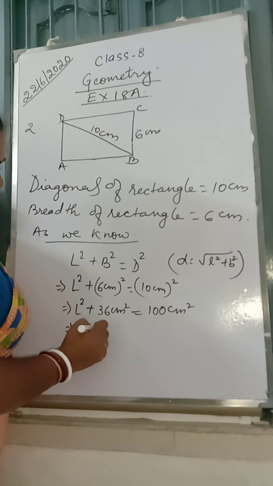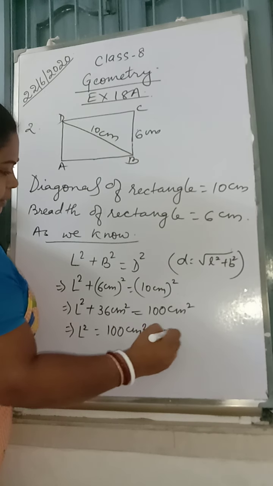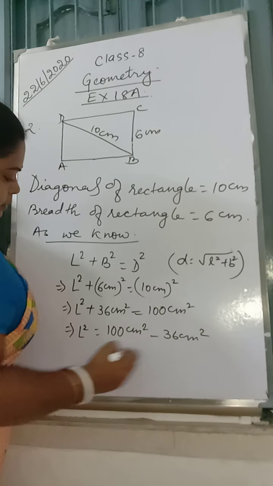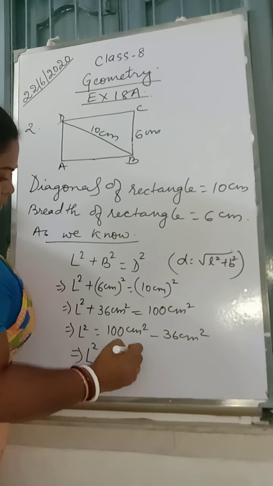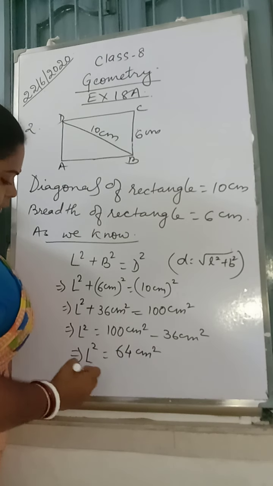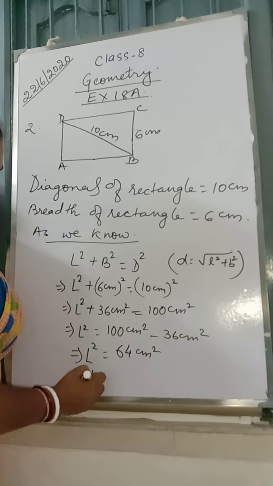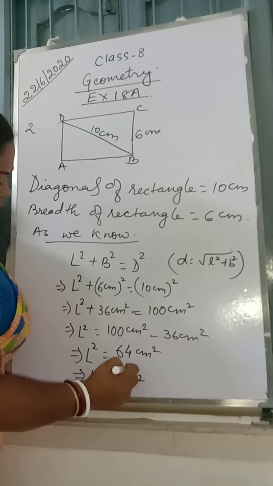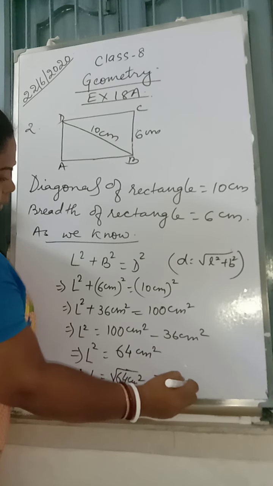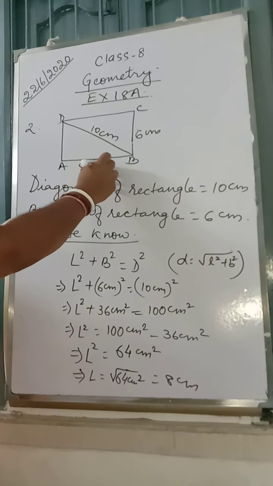Or L square is equal to 100 centimeter square minus 36 centimeter square. Or L square is equal to 64 centimeter square. L is equal to under root 64 centimeter square is equal to 8 centimeter.